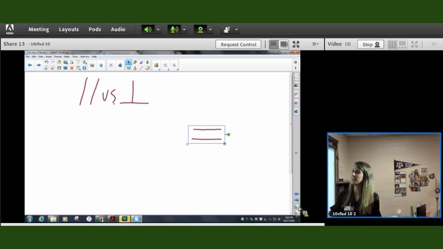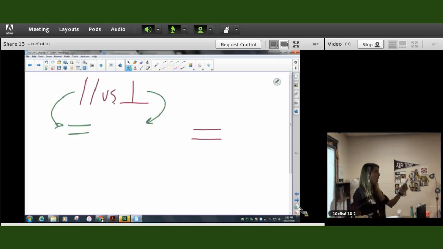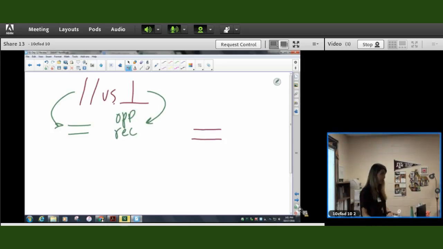Whoa, mind blown, just thought about that. Okay, so parallel lines have equal slopes. What about perpendicular lines? What are their slopes? Opposite, reciprocal. Just opposite? No. Just reciprocal? No, it has to be both. Opposite, reciprocal. So that's what we learned the next day.